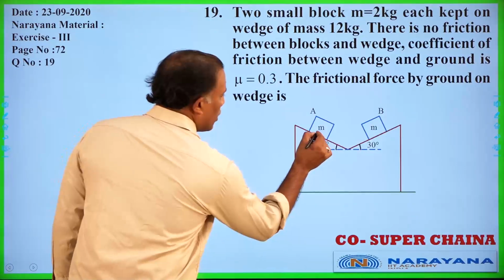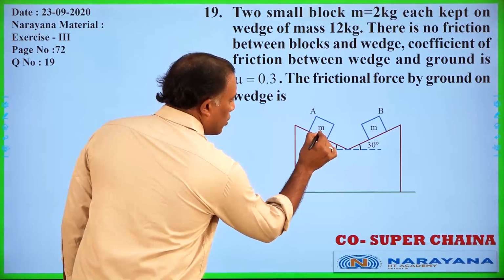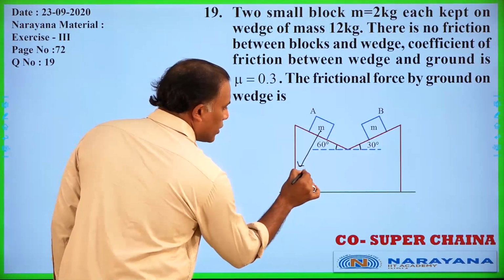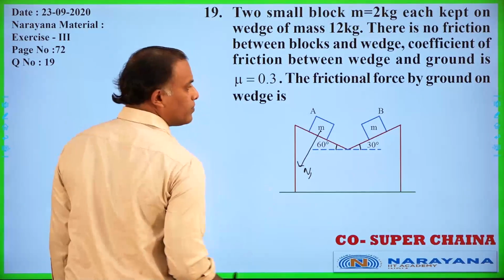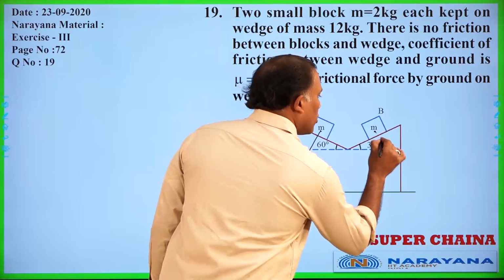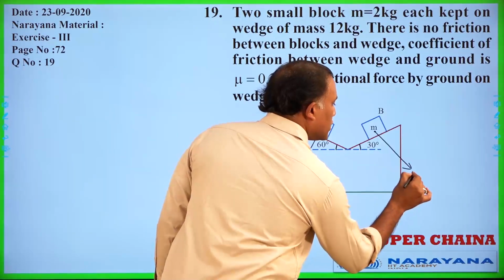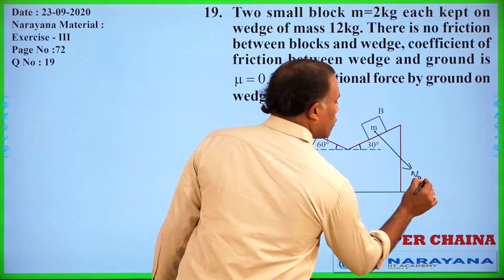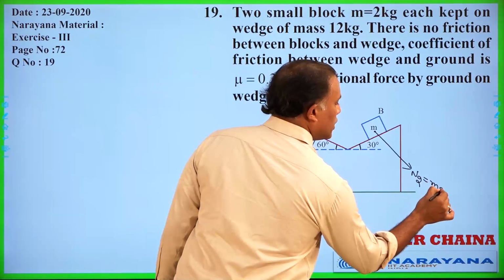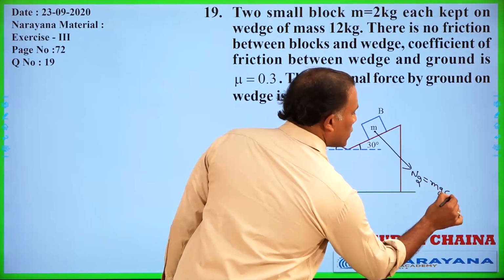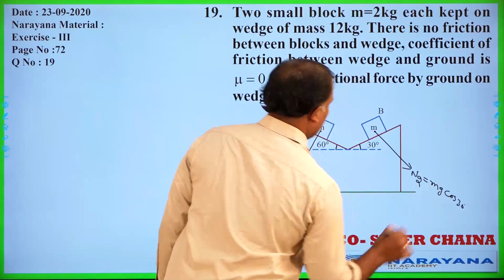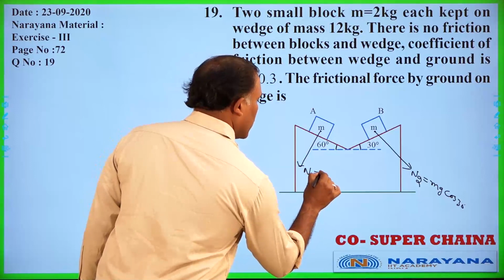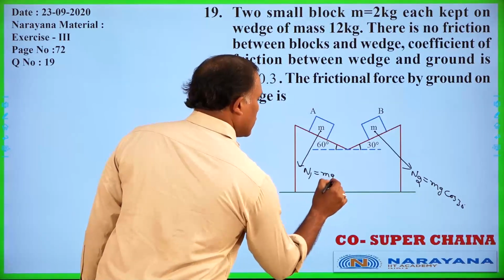Now see here, from this block the normal reaction on the wedge is N1, and from this block the normal reaction is N2. N1 is equal to mg cos 30, and N2 is equal to mg cos 60.